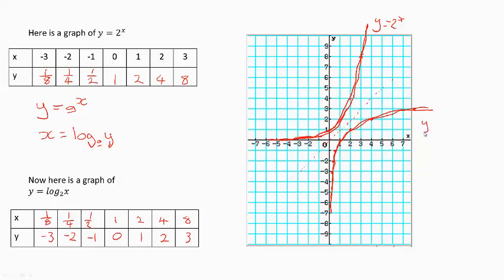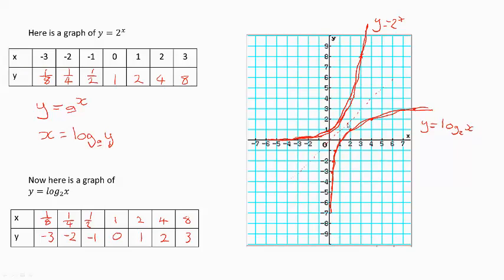This one, y equals log to the base 2 of x. Notice the bases have stayed the same, the x and y have changed. Okay, so that's what the basic shape of the graph looks like. What do we know about this graph? The log graph always has that same characteristic shape. That's the parent function. It's based around these couple of points, when x equals 1, y equals 0.